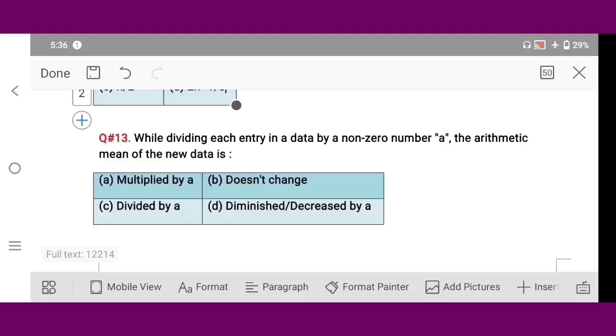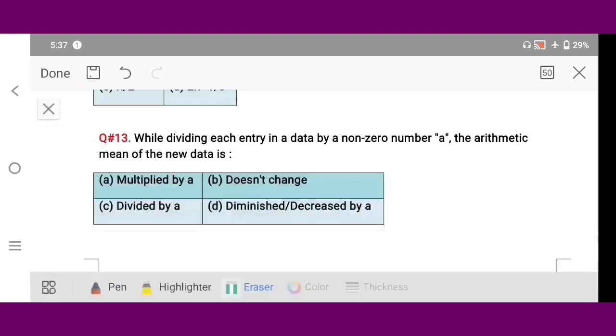Question number 13. While dividing each entry in a data by a non-zero number A, the arithmetic mean of the new data is: options are A, multiplied by A; B, does not change; C, divided by A; D, diminished or decreased by A. So we know that when we divide each and every entry by any constant, it also divides the mean in the result.